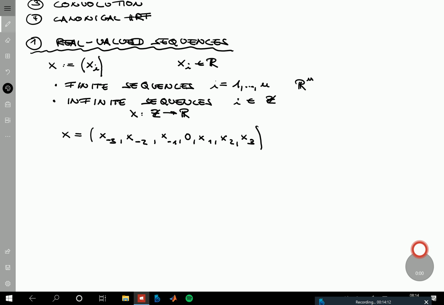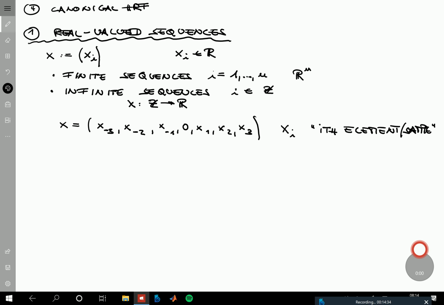So each xi here is called a sample, you can call it sample or element. That's the ith element of the sequence, or sample. And we have here 7, oops, that should be x0 here.